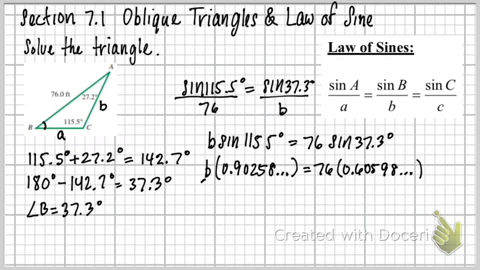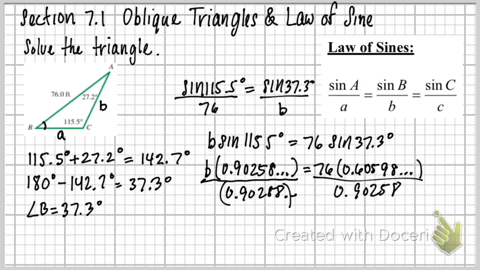Now my final step is to take this 0.90258... and divide it on both sides. I signify it that way because I don't want you to drop any of the digits when you go through this process. So we end up with this as our answer. Now keep in mind, if you look at the sides here, it says 76.0.